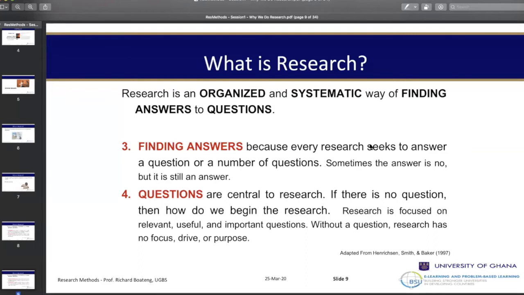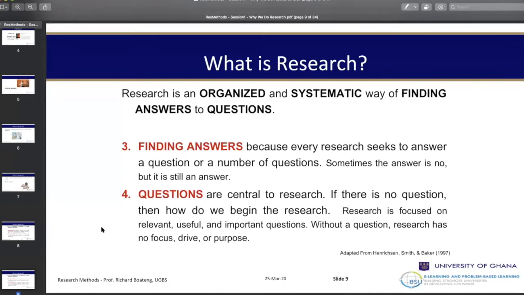So the research question tells you even the boundary of the study, where you collect data and whom you collect the data from. So the centrality of every research is the question you are asking. These four principles or building blocks form the premise of what research is. Every research is an organized and systematic way of finding answers to questions. So let's keep that in mind.